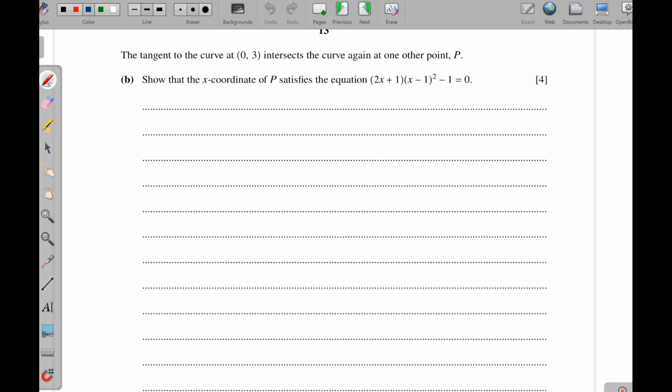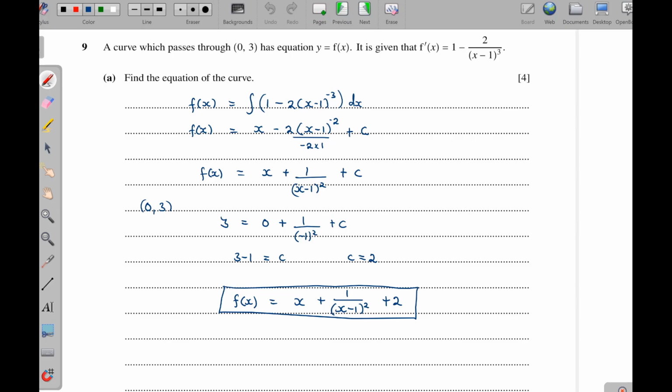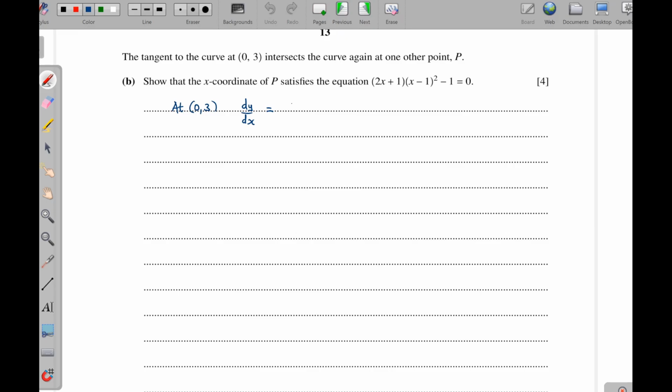Now, let's find the equation of the tangent at (0, 3). Remember, to find the equation of a straight line, you need the gradient and at least one point through which the line passes. So what is the gradient of the tangent, which is given by dy/dx? Our dy/dx is this one here, already given: 1 minus 2 times (x minus 1) cubed.